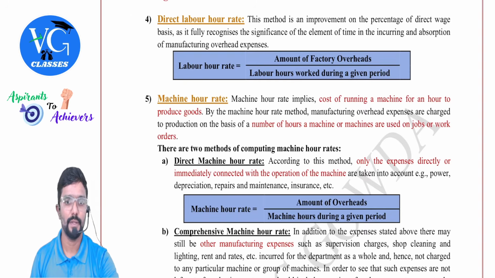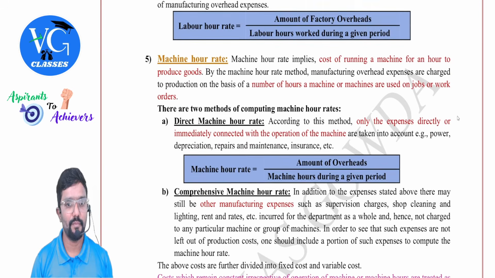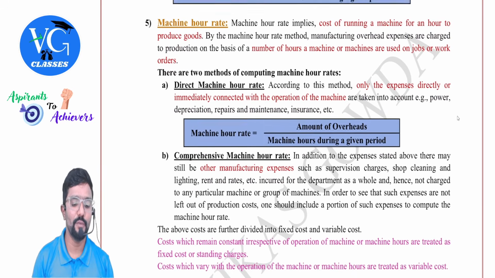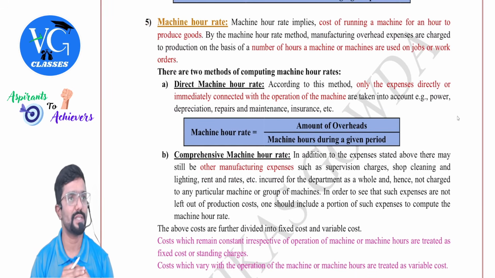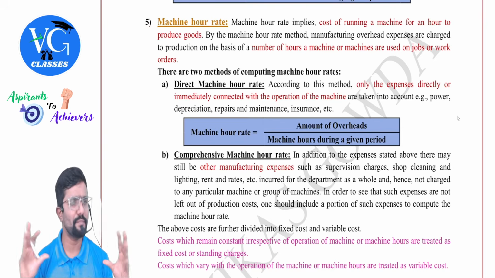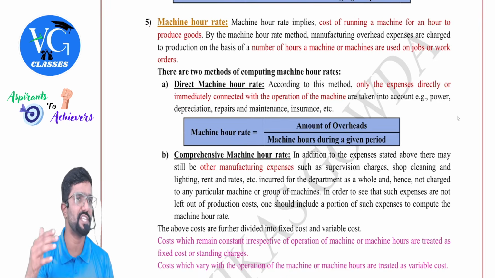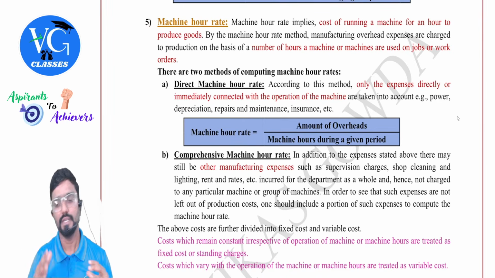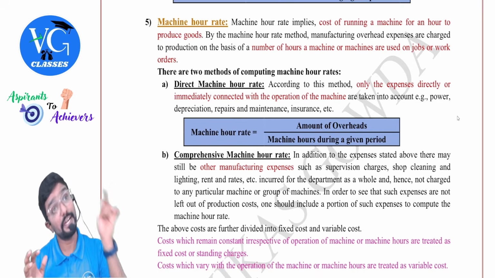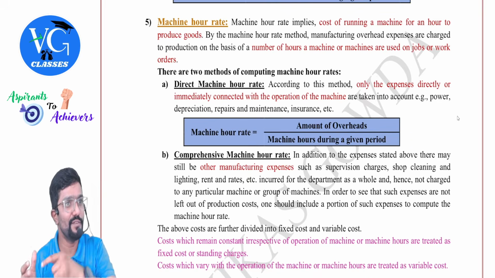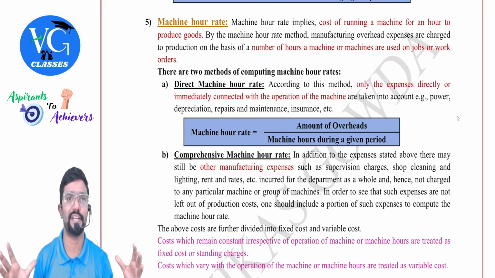Yes. So, next. Machine hour rate. Guys, important. From a numerical point of view also, they are asking questions on this. Sir, what is machine hour rate? Simple. We will calculate all the overhead expenditure incurred with respect to the machine, either direct or indirect, both. Direct means directly attributable to the machine. Obviously, anything we discuss in this chapter is overheads.